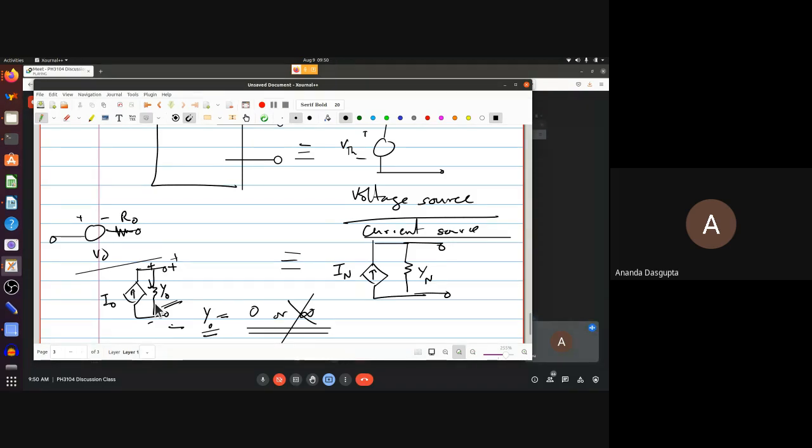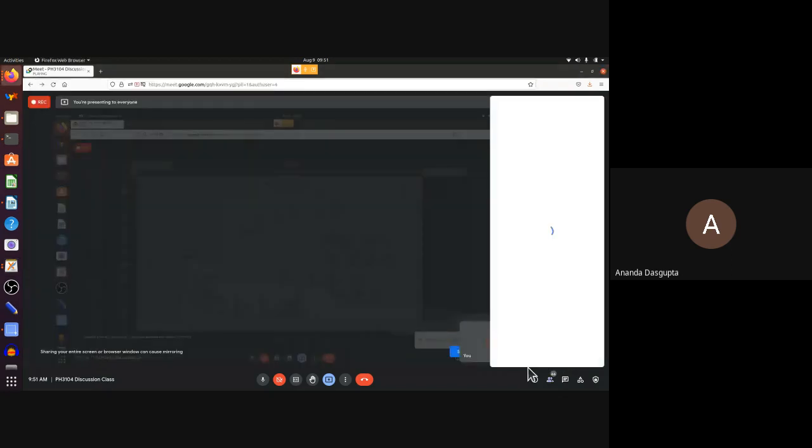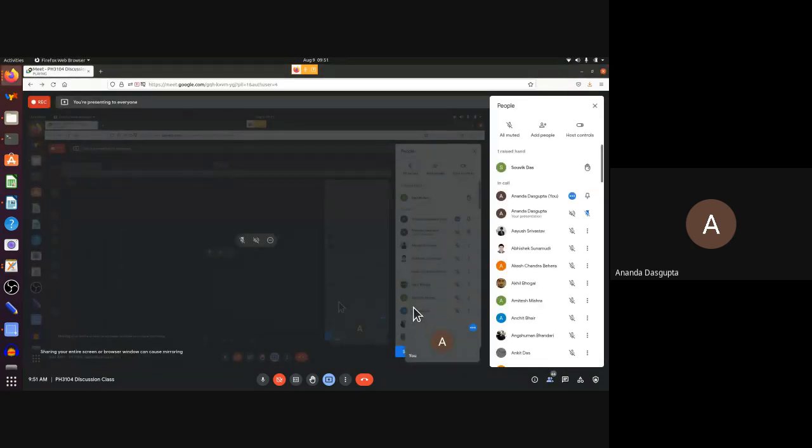It's called a current source if it has a small Y0. Unless that happens, calling something a voltage source just because Thevenin's theorem says that it looks like a voltage source would not really be correct. Same goes for current sources. You call something a current source only if it has a small admittance. Okay, Shobhit Dash has a question.